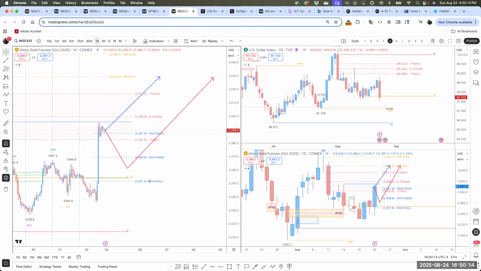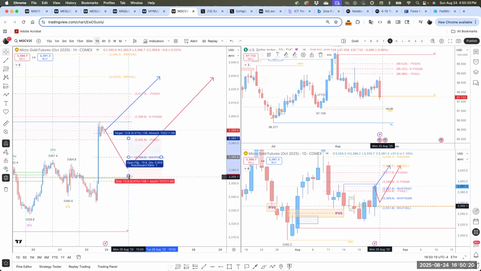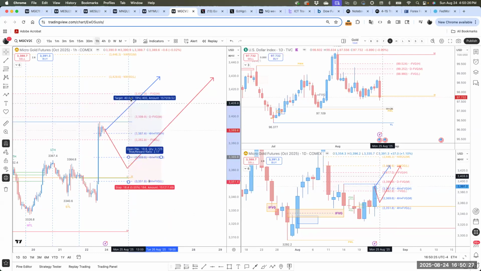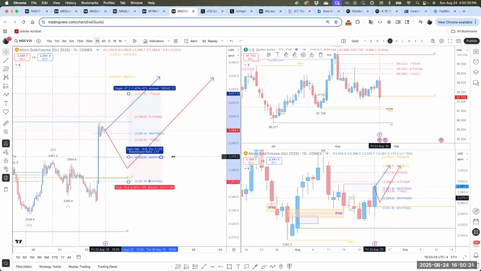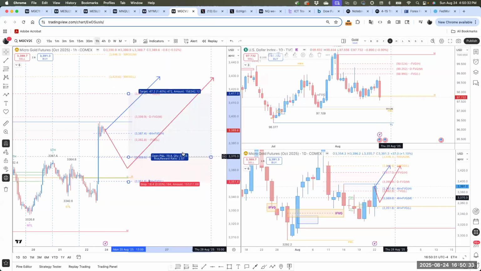So main setups are gonna look like this. This is the main setup where I would want to see us stay underneath and inside of this fair value gap. And then overall target would be here on gold. This is the main thing I want to see right here, where if we do trade down to the middle, not to say that this is going to be my entry, but this is where I'm going to start looking at price to respond.